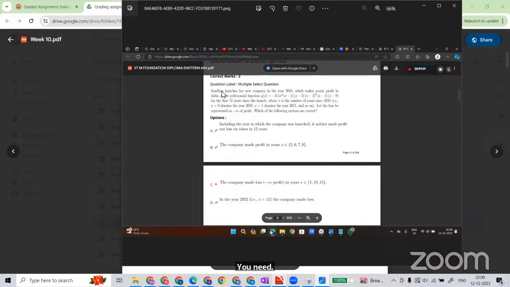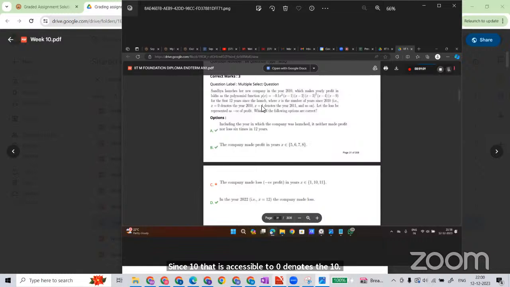This profit polynomial is given for the first 12 years since the launch, where x is the number of years since 10. That is, x equal to 0 denotes 2010.